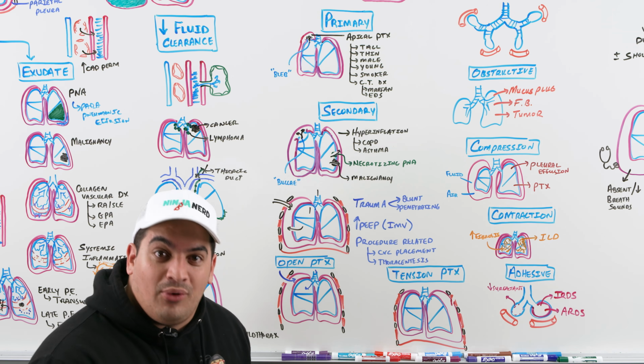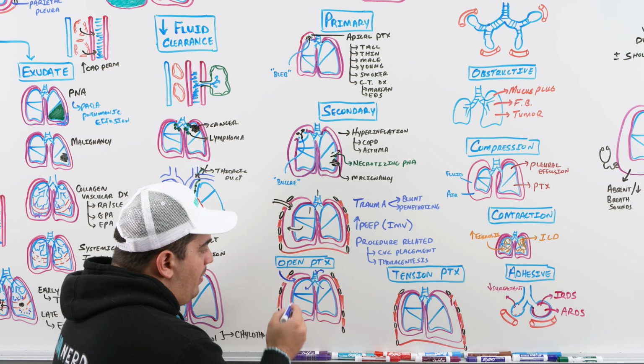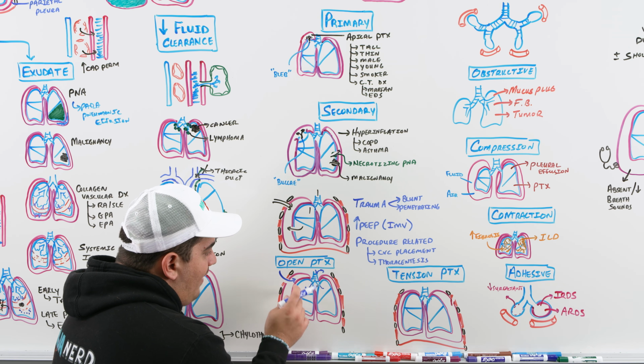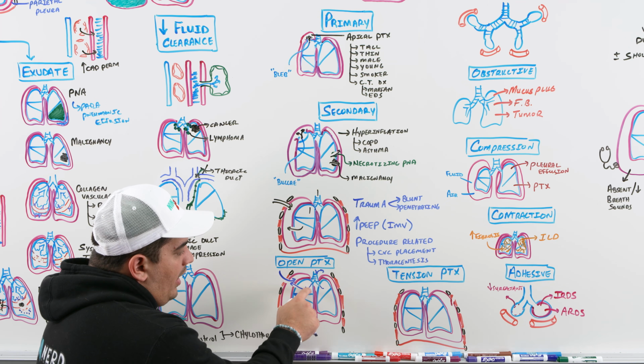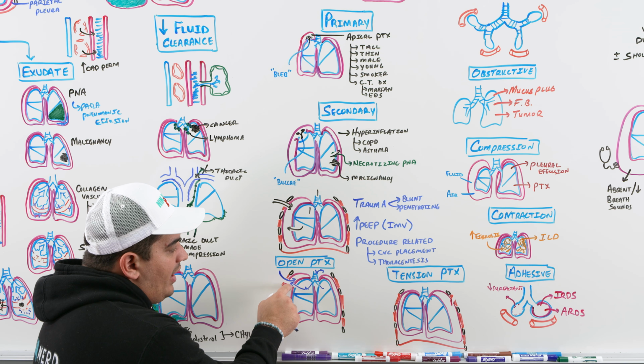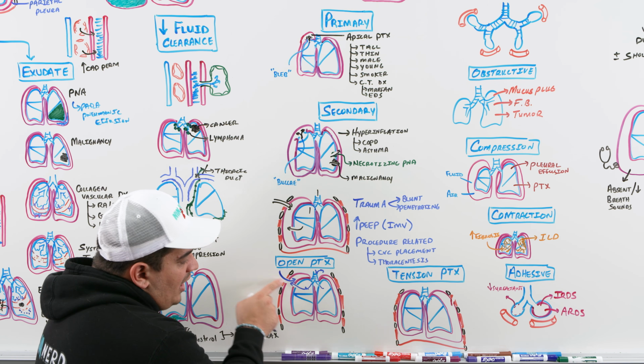But during expiration, normally we want air to leave the lungs. But guess what? It's also within the pleural cavity. So if you have some type of hole, whatever it may be, there's a hole within the lung and air is moving into the pleural cavity during inspiration, whether it be from the lung into the pleural cavity or through a defect in the chest wall into the pleural cavity.